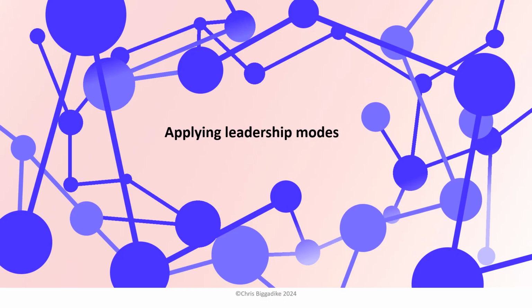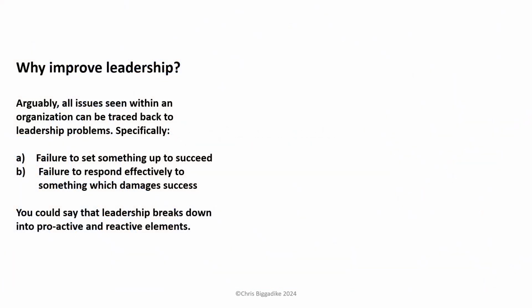Before we get into the examples, let's first think about what we're trying to achieve when applying these ideas. Complexity leadership is, for most organisations, a new idea which gives an opportunity to improve leadership. But why improve leadership if your current leadership seems to be adequate?